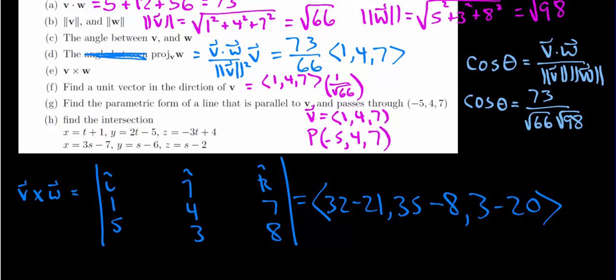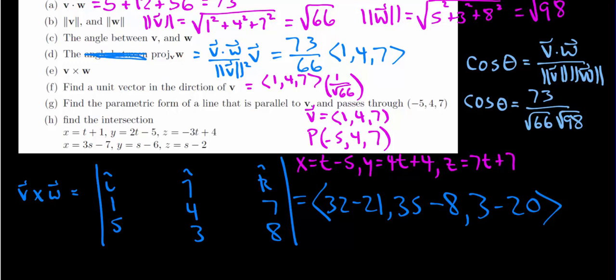So it's going to go like this. X is equal to t minus 5, the t times the components of the vector. Y equals 4t plus 4. And then Z is equal to 7t plus 7.